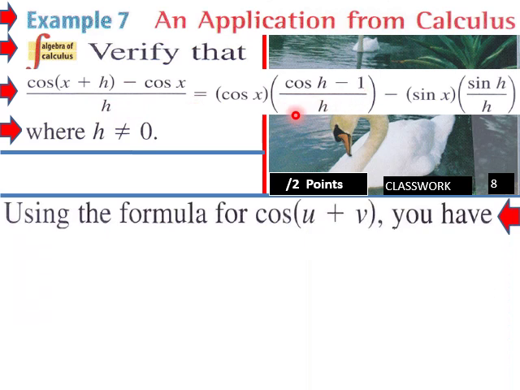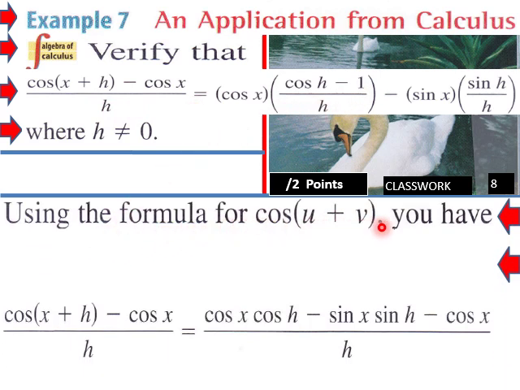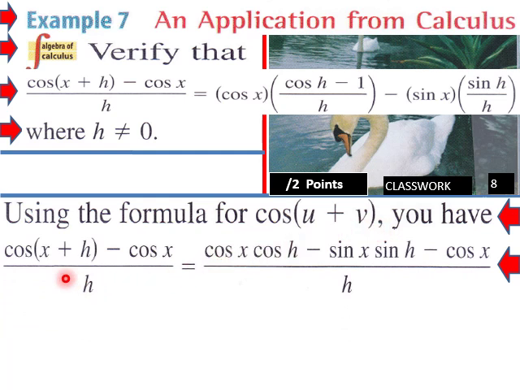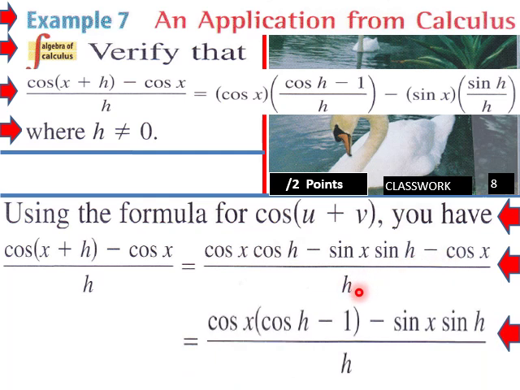So using the formula for cosine of u plus v, you have cosine x cosine h minus sine x sine h minus cosine x, all over h.